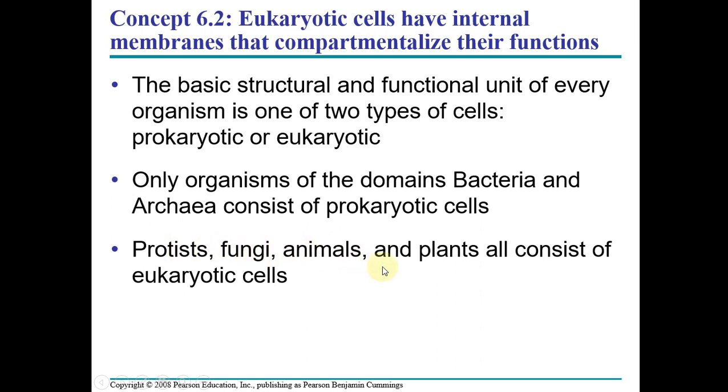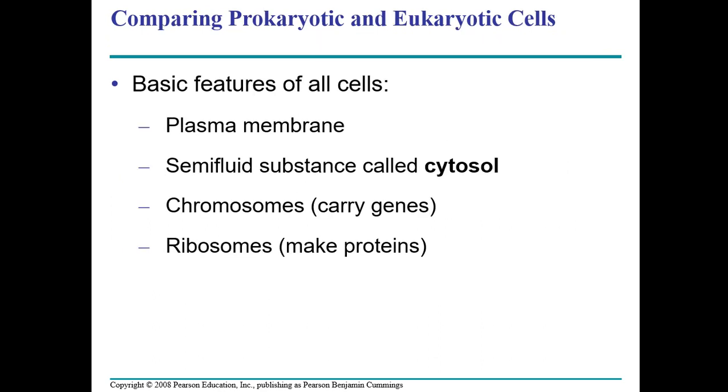Protist, fungi, animals, and plants consist of all eukaryotic cells, meaning either one-celled or multicellular cell. They are eukaryotic. They are composed of internal organs. Okay? Or organelles.